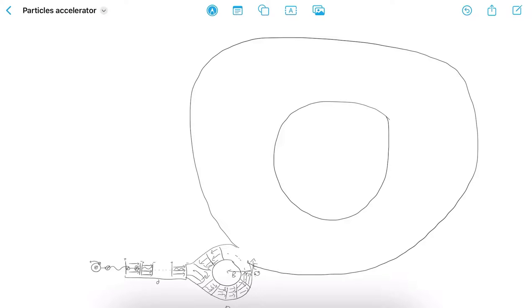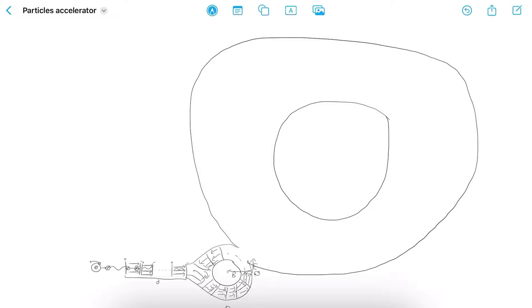So the stream of protons, when it reaches its terminal speed at the small loop down here, that means its speed no longer increases anymore.